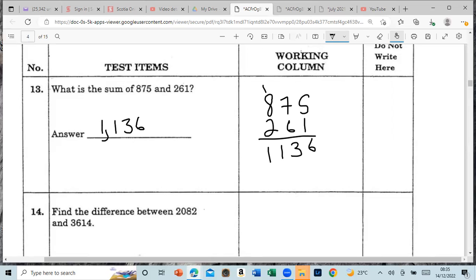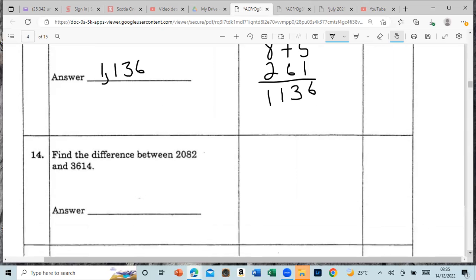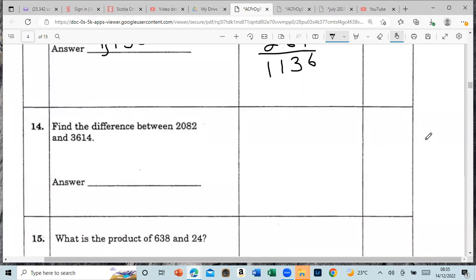Come on. Let's look at 14. It says find the difference between 2,082 and 3,640. Finding the difference. Remember, digit on a digit, ones on the ones, tens on the tens, and all of that. Right?